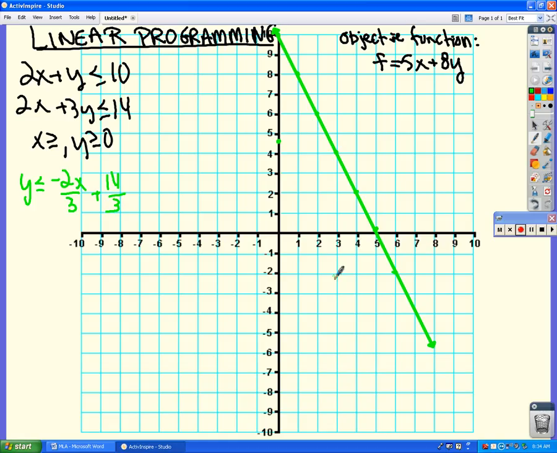Okay? So this is a little bit crazy, but if it's 4 2/3, then I need to go down 2 over 3. Okay, ready for this? I'm going to go down 2/3 and over 3/3. My next point is going to be right there. Why would you do that?